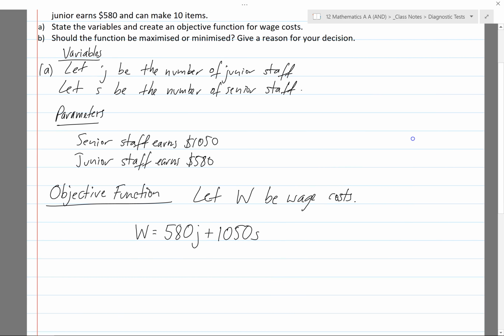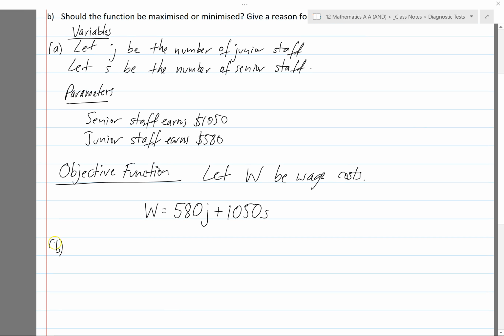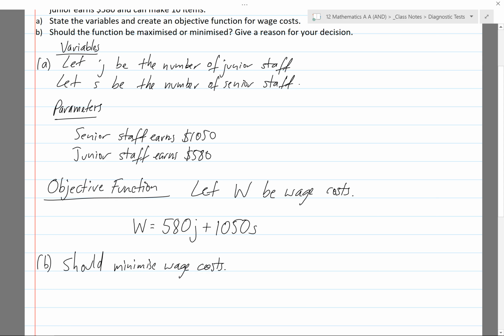Part B, should the function be maximized or minimized? Okay, so for part B, should we maximize or minimize the wage costs? I would say that we should minimize it. And it says give a reason for your decision. Okay, my reason would be that I want to maximize profit.